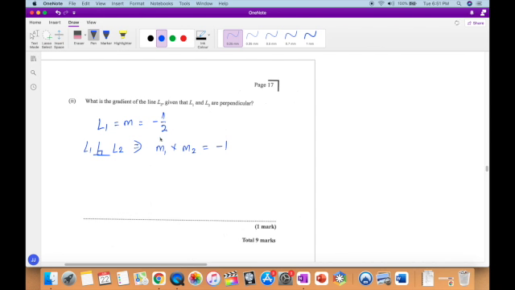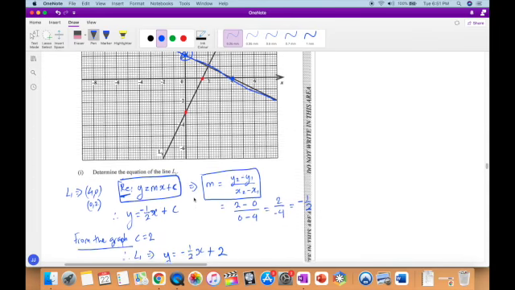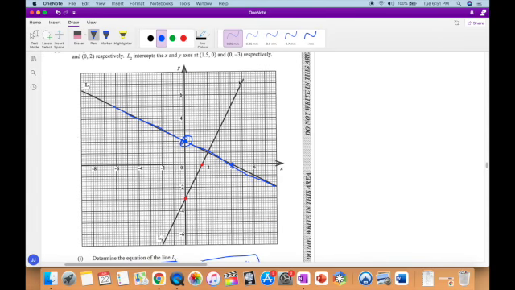So the gradient for L1, -1/2, multiplied by the gradient for L2, I am supposed to get -1. So therefore m2 is equal to +2. So +2 times -1/2 will give me -1. And you can see there that we got a positive gradient, and we can see here that the gradient of L2 is indeed positive.